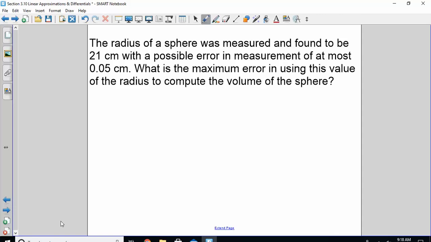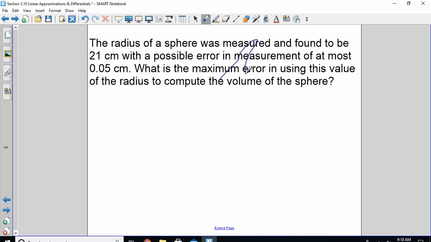In other words, you know when you measured the radius of that sphere, it's possible you were off by 0.05 of a centimeter. So if you were, how far off will your volume be? If your radius was 0.05 off, how does that impact your volume calculation?